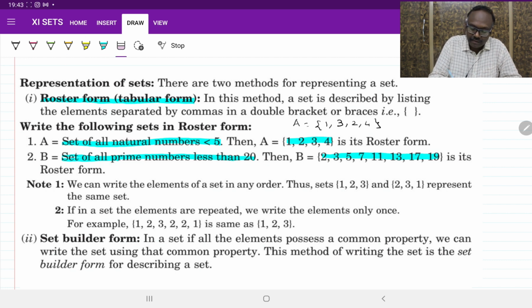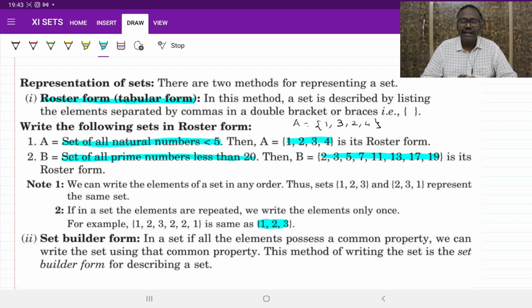So these are the two points to be noted. The first point is that the elements can be written in any order, and the second point is that if the elements in the set are repeated, we only list down the distinct elements in the roster form. I hope the roster form is clear.